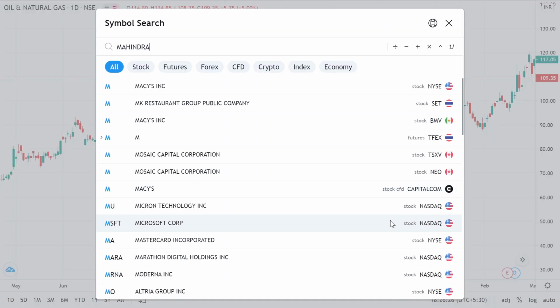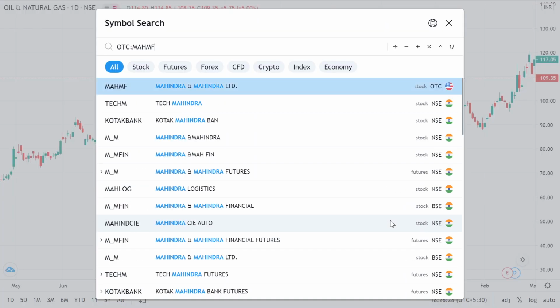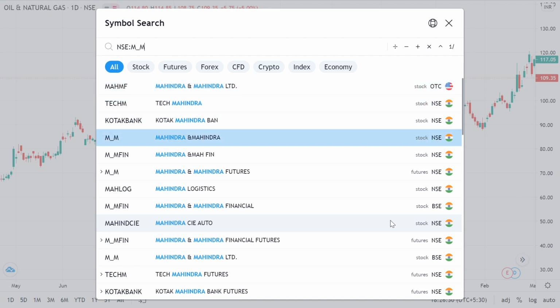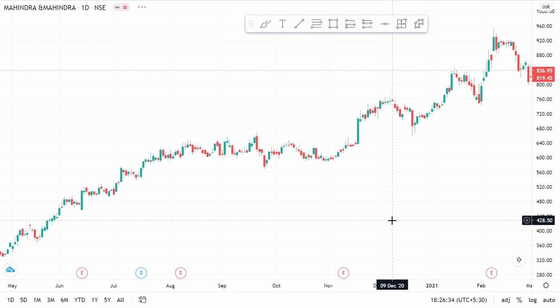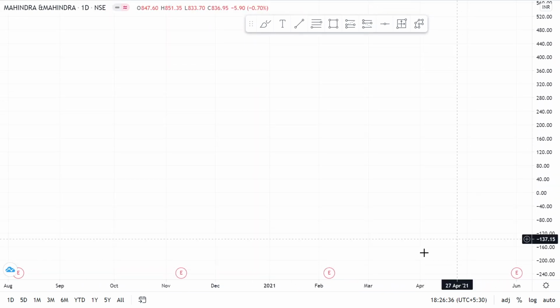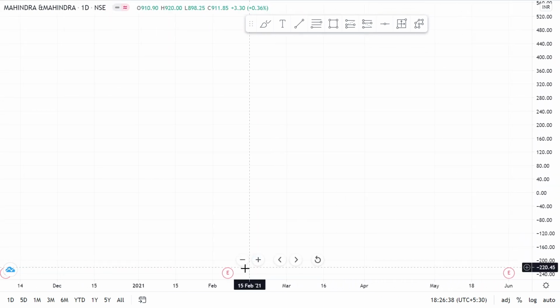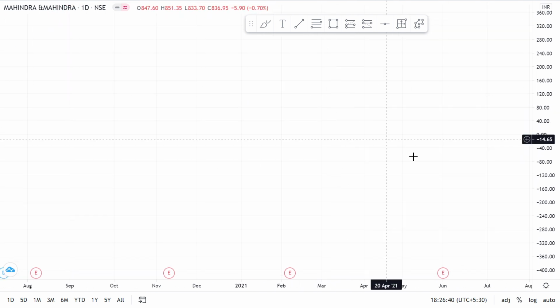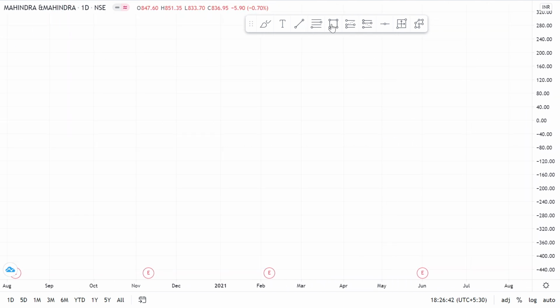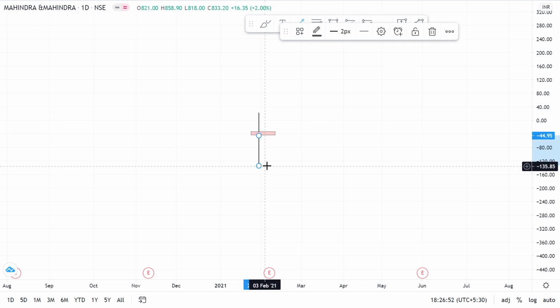Now the third type of candlestick pattern is something we call a doji. Now what is a doji? A doji is a candlestick which basically has a very small body of either red or green color and consists of large wicks.